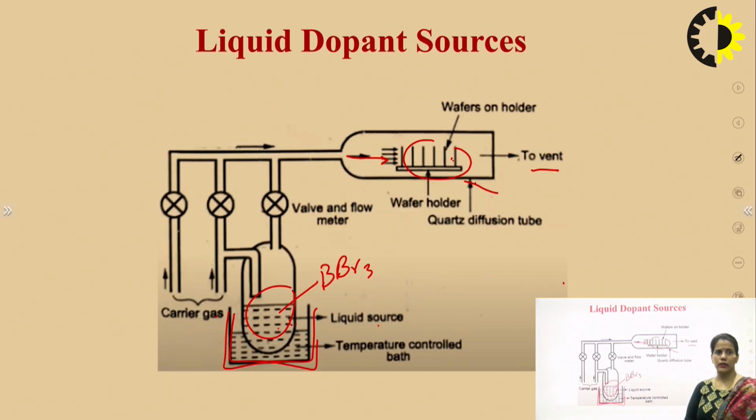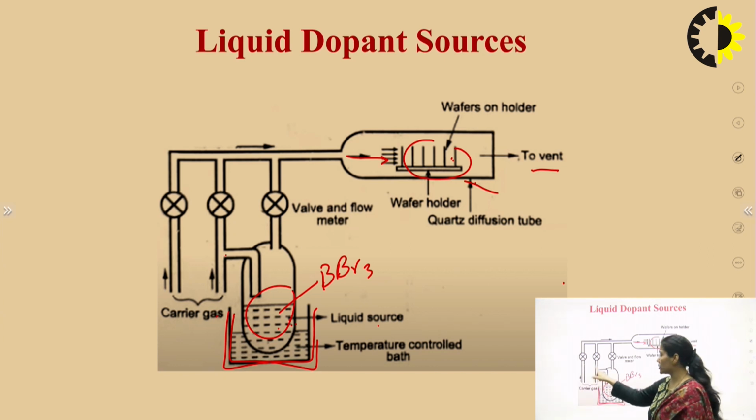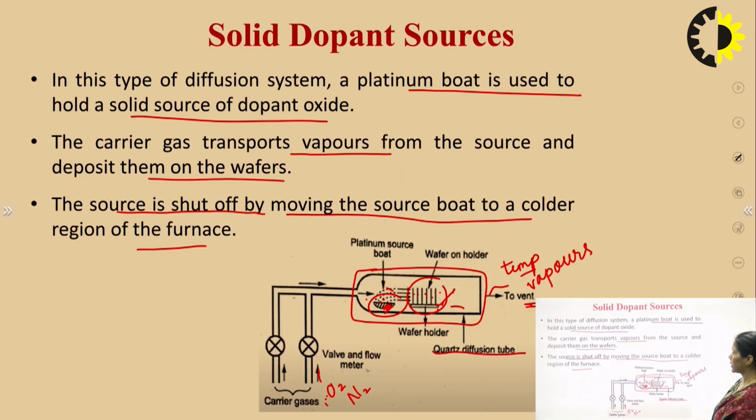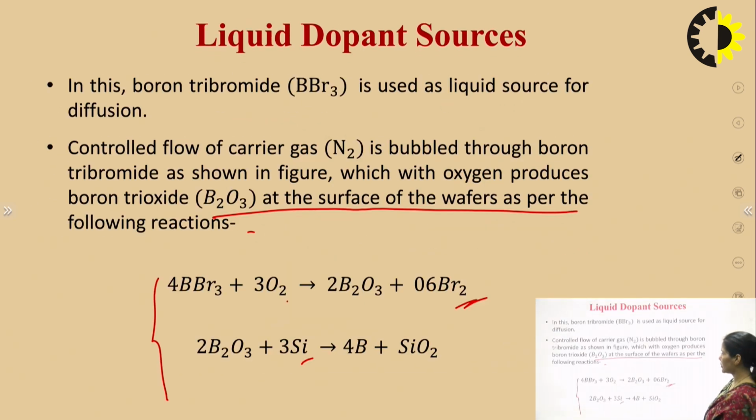So what is basically taking place is the reaction of oxygen with boron tribromide. N2 is bubbled through BBr3, and when the BBr3 goes towards this, the oxygen from here reacts with the boron tribromide, and it reacts with the silicon surface. So what is happening?